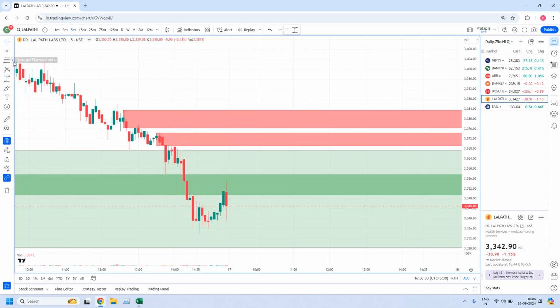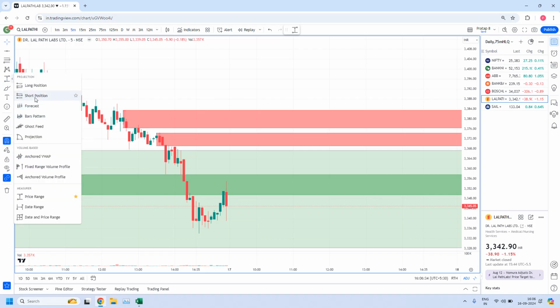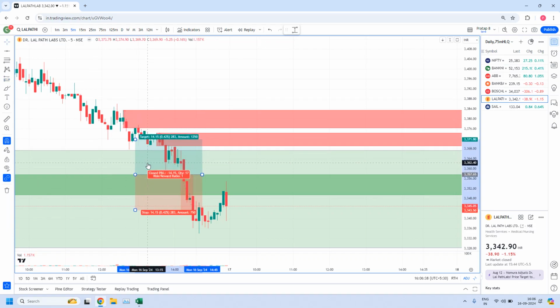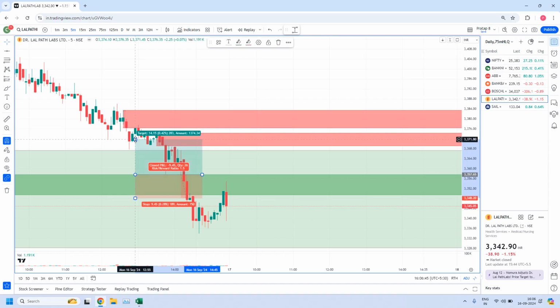Let me show you. Long position. Approximately I am adding some stop buffer here. You have 1:1.8 RR till the top one.